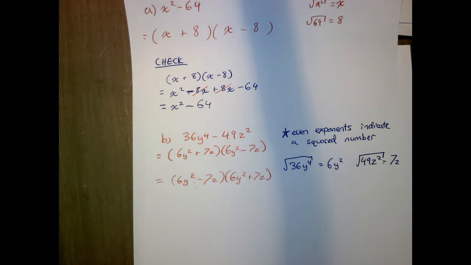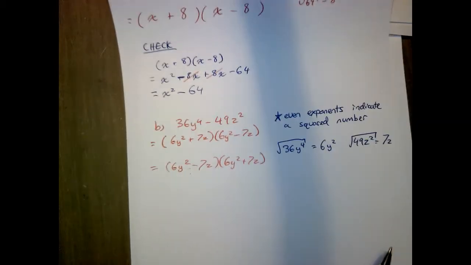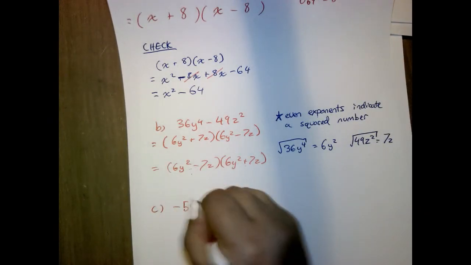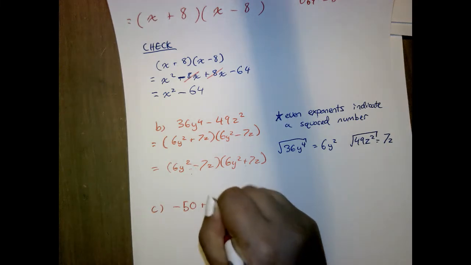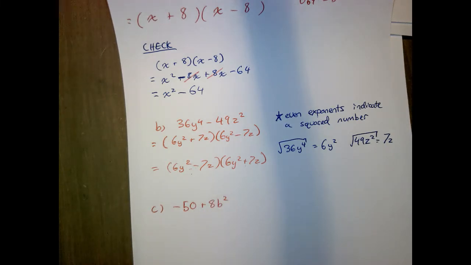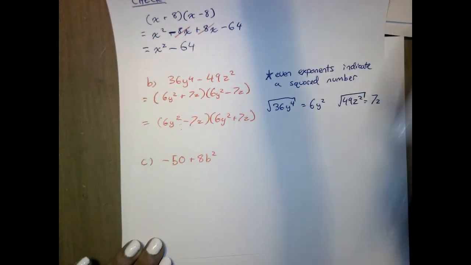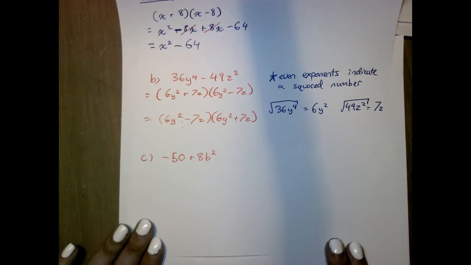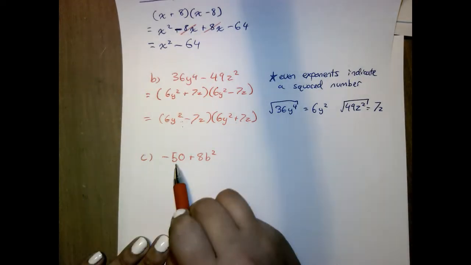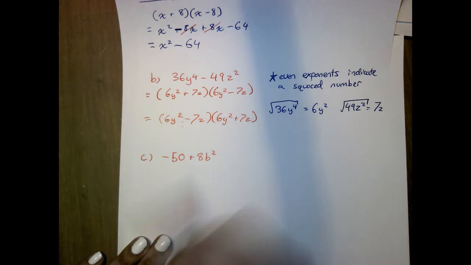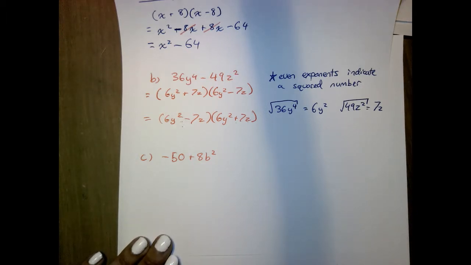Okay, let's look at one more example of difference of squares. So let's say I have negative 50 plus 8b squared. Now, at first glance, this example does not really look too much like a difference of squares, right? 50 is not a square, 8 is not a square, b squared is a square, but at first glance, this does not look like a difference of squares.